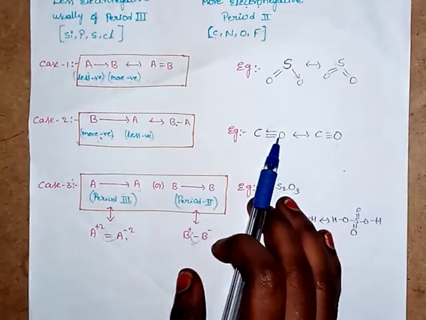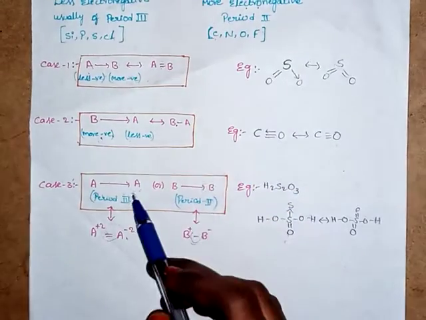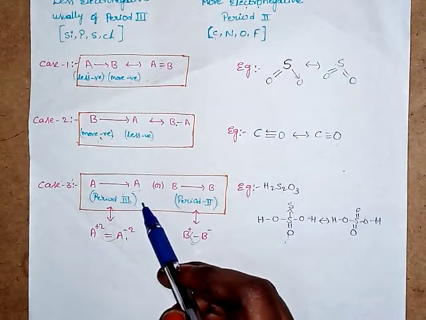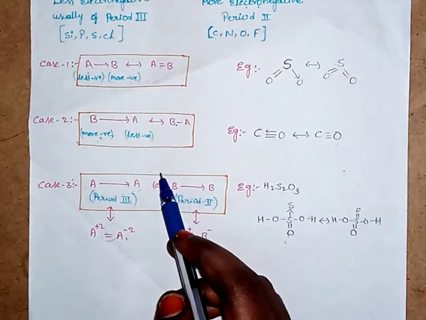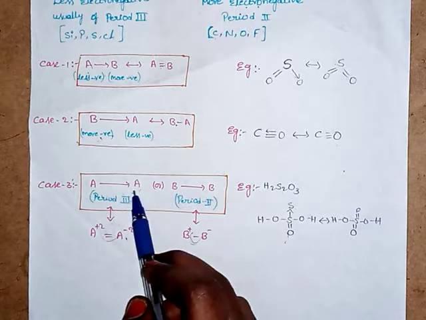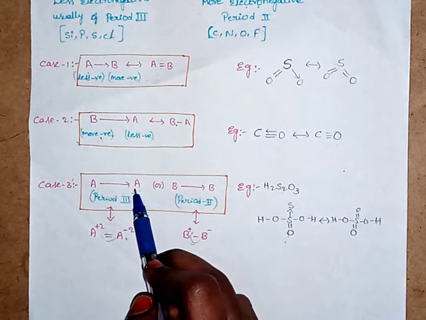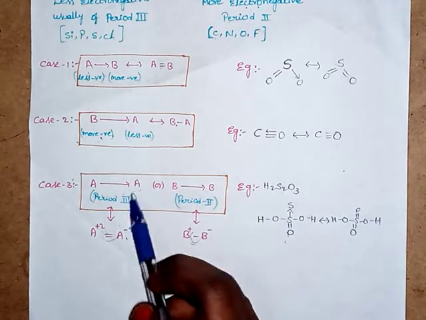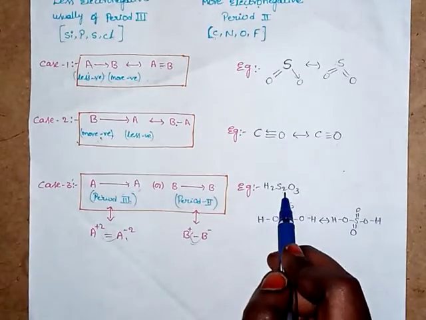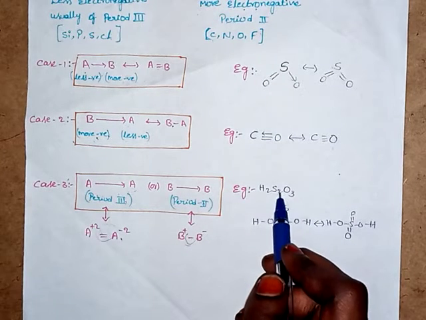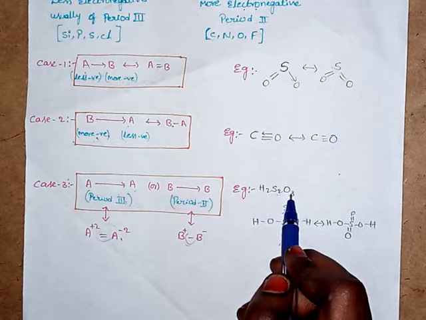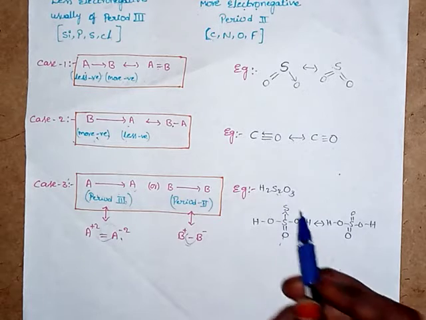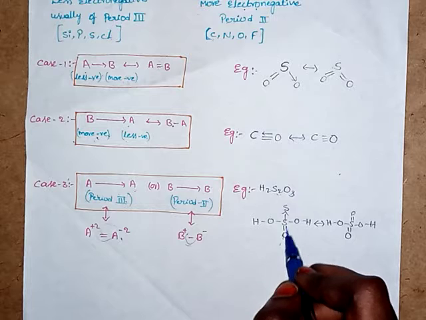Then coming to case 3. If the electron transfer occurs among the same atoms, for example H2S2O3, not H2SO4, sulfur to sulfur transferring forms the bond.